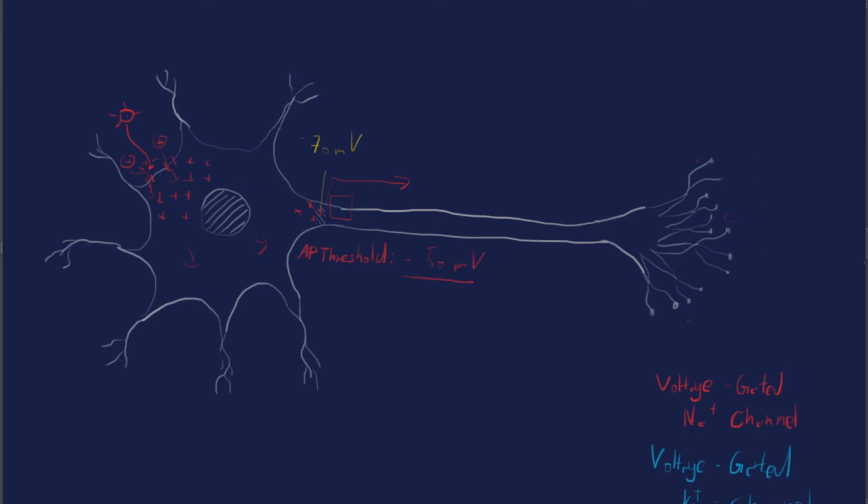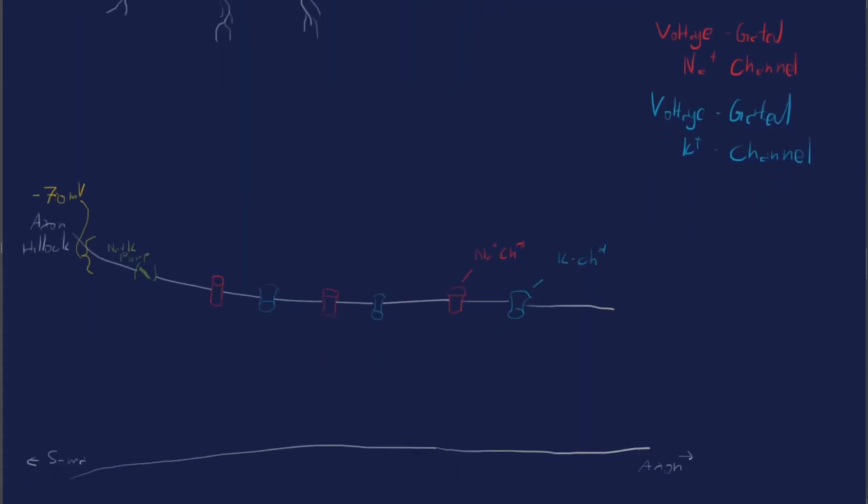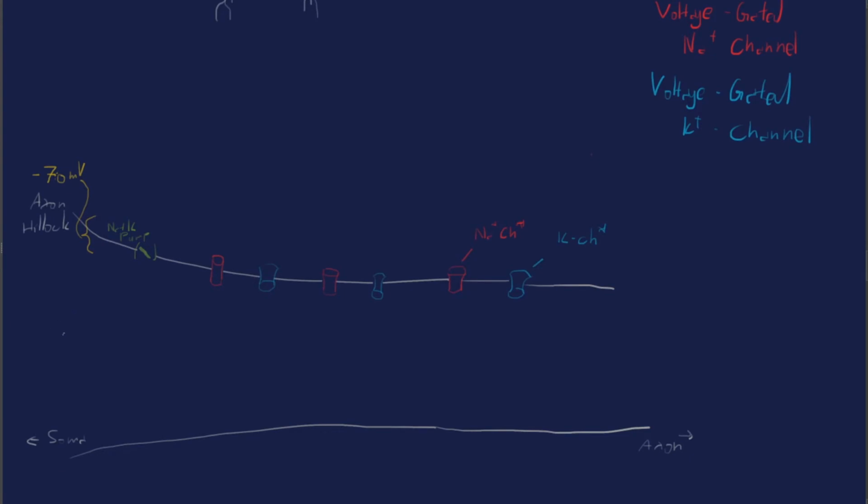And now, how does this work? So let's come back to our drawing. You have all the ions arriving here to the area of the hillock. Here you have the voltage gated sodium channels, these. And these sodium channels are closed at the resting state. They are closed when the voltage on the membrane is below minus 50, but they open when the voltage reaches minus 50.